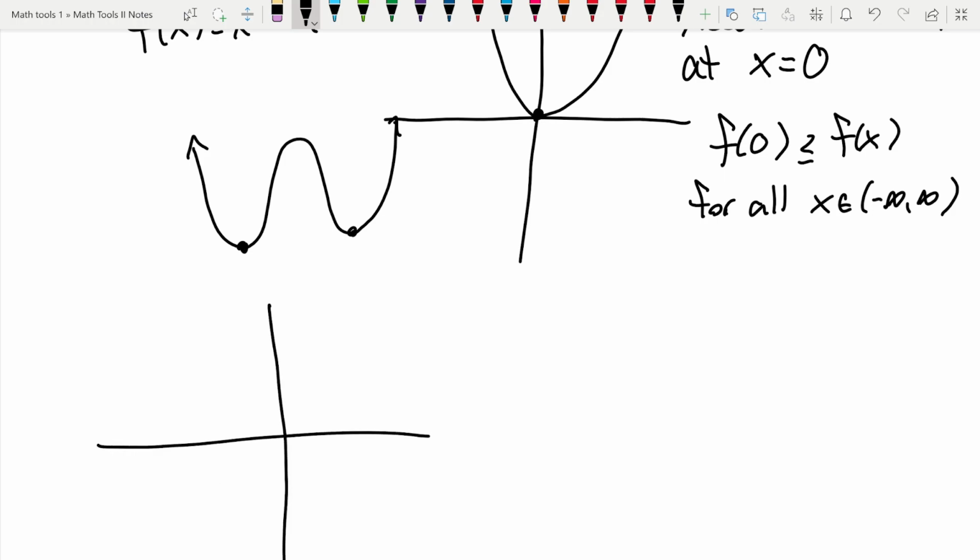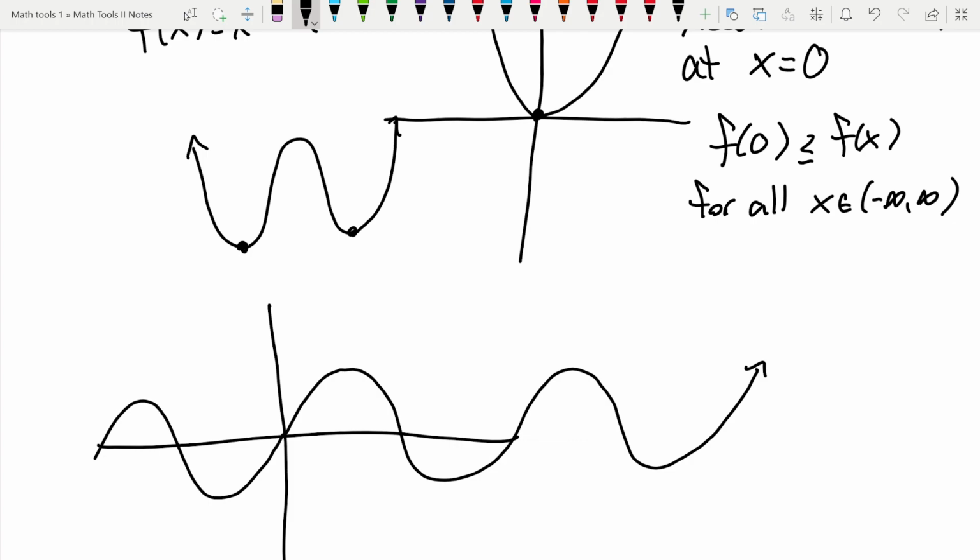Sine of x, for example, oscillates between -1 and 1, going in both directions.